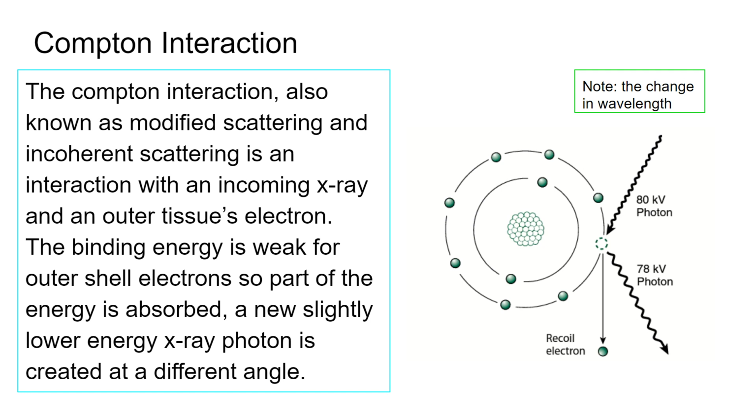But it's still strong enough to make it out of the patient and either hit the image receptor, where it will give that misinformation in the form of noise and degrade your image, or it could miss the image receptor and hit the table or something.